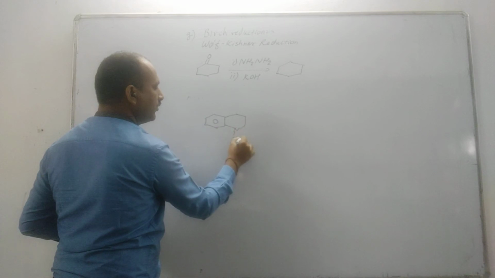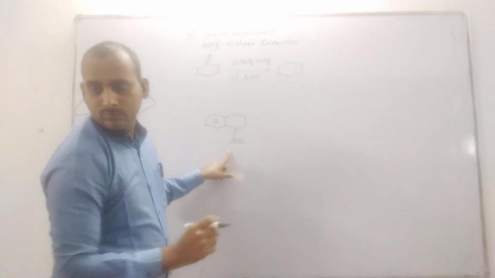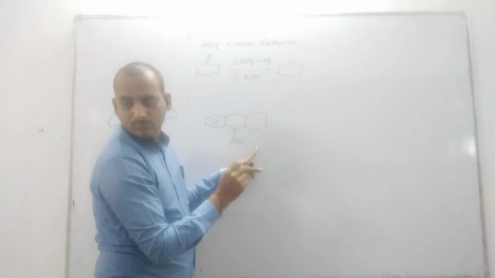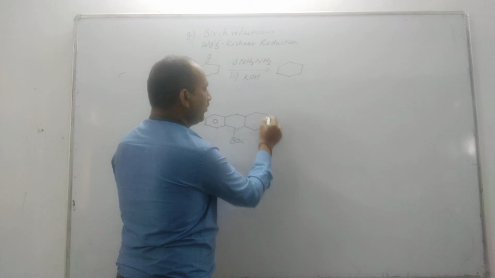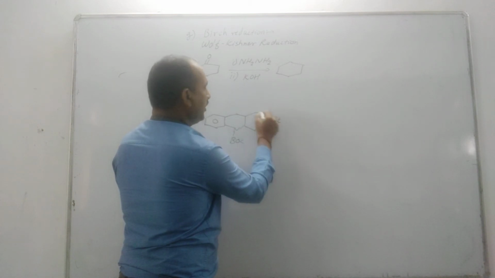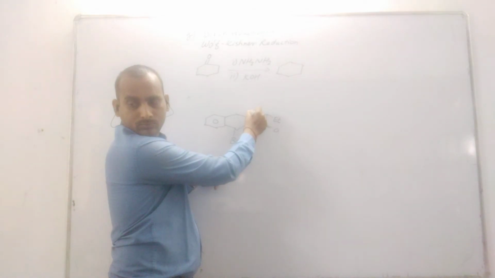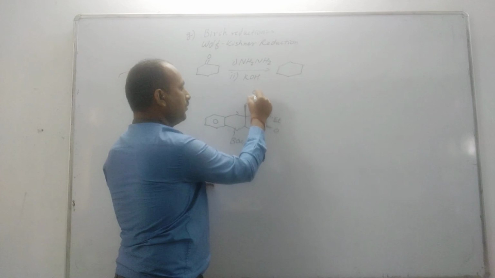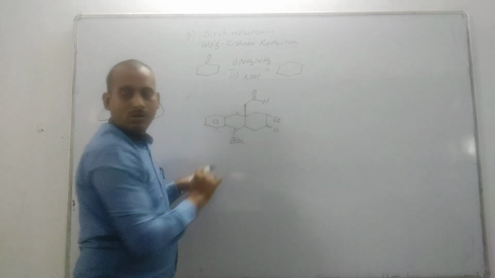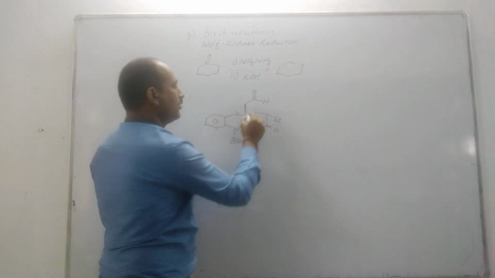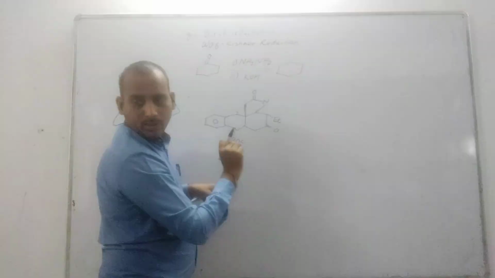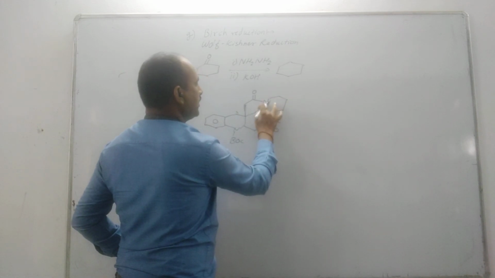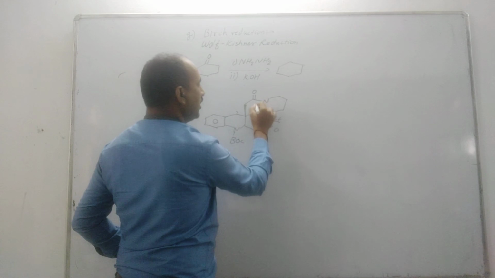C double bond O, here is ET. CH2 C double bond O N. So here is the amide.